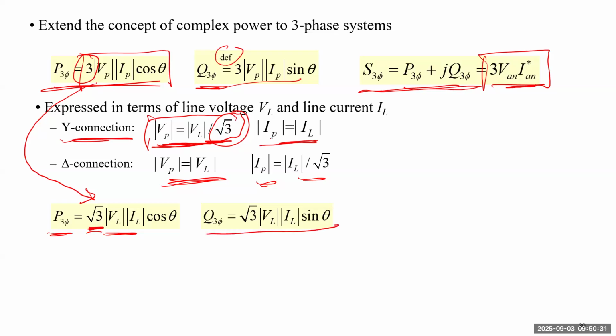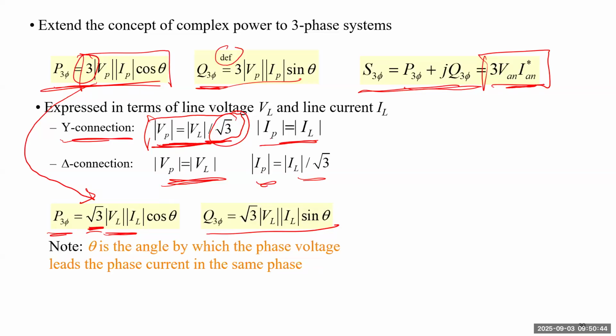Similarly, if you use line-to-line voltage and current, the product multiplied by sine theta, then multiplied by 1.73, will give you reactive power in 3 phases. Theta here is the power factor angle, which is the angle by which the voltage is leading the current in the same phase.